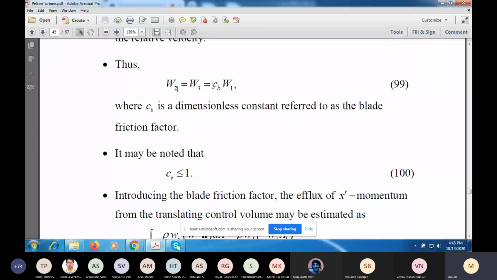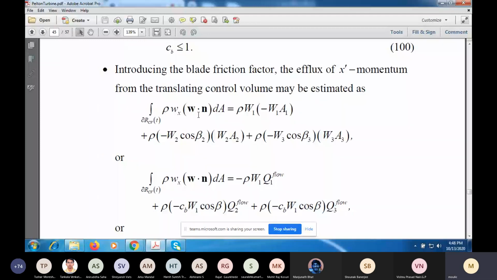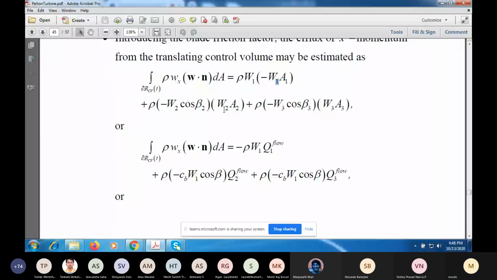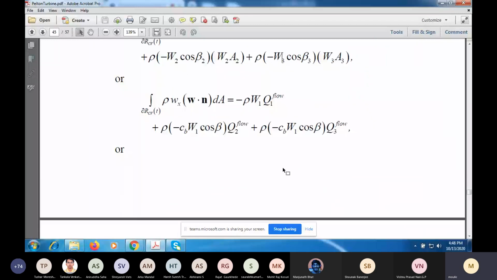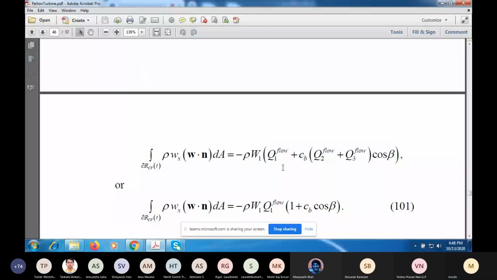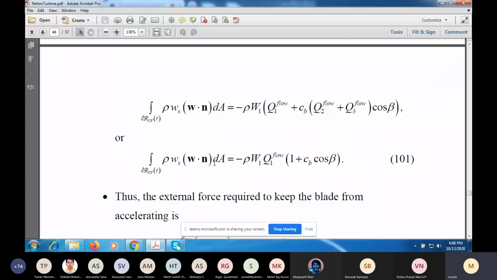So if we include this, we can modify the momentum balance. The momentum balance we have seen before, the net efflux of momentum, is what I have over here at the top. Only thing is, instead of W2 now, I'll put Cb times W1, and instead of W3, I'll have Cb times W1. And then we'll end up with an expression where, instead of 1 plus cos beta, you'll have 1 plus Cb times cos beta.